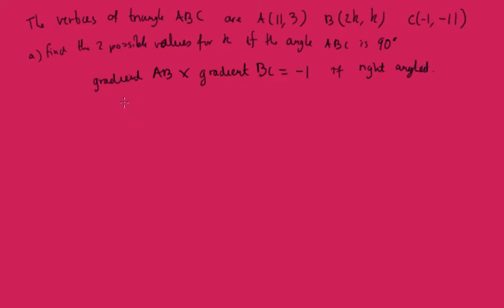So let's find our gradient for AB. So we'll have k minus 3 over 2k minus 11, and that will be multiplied by the gradient for BC, minus 11 minus k over minus 1 minus 2k, all equals minus 1.